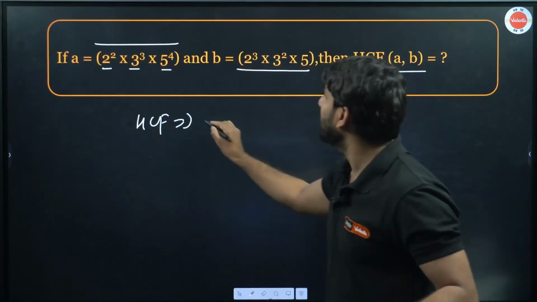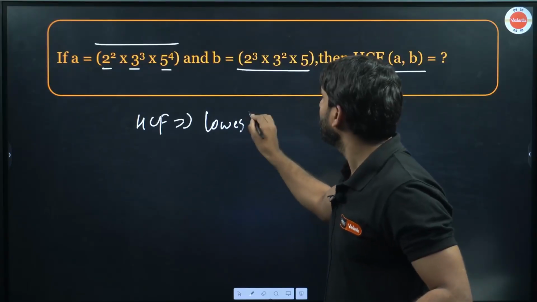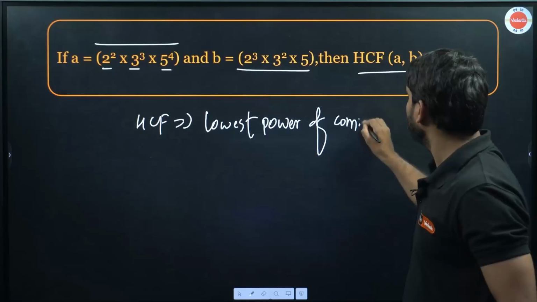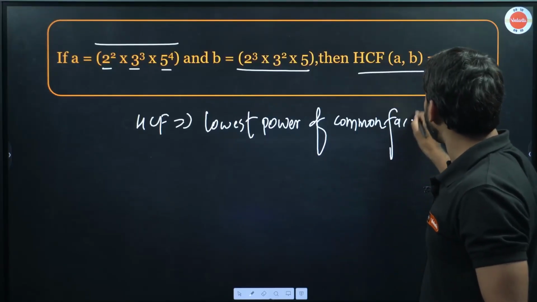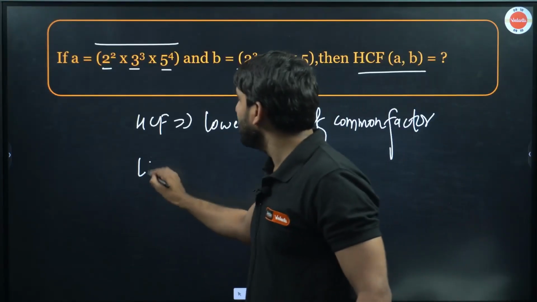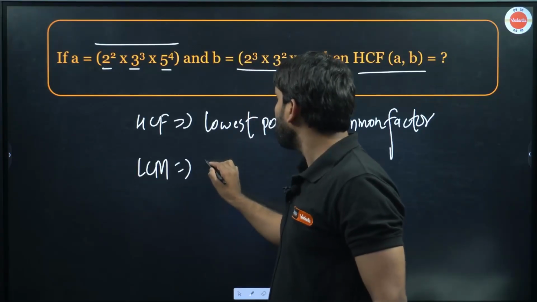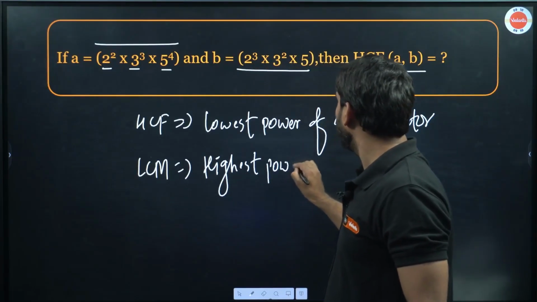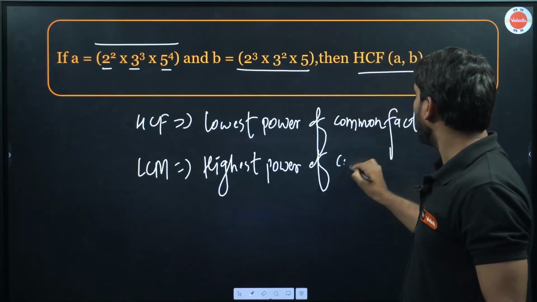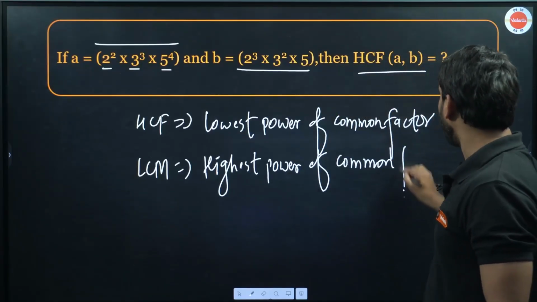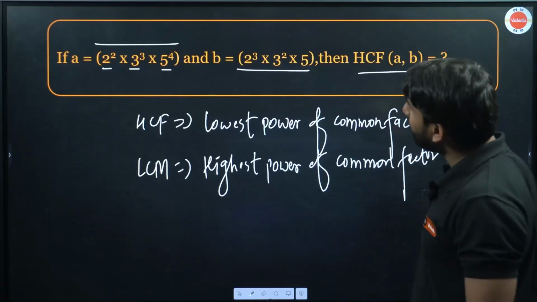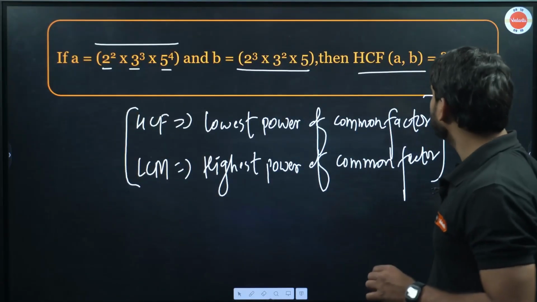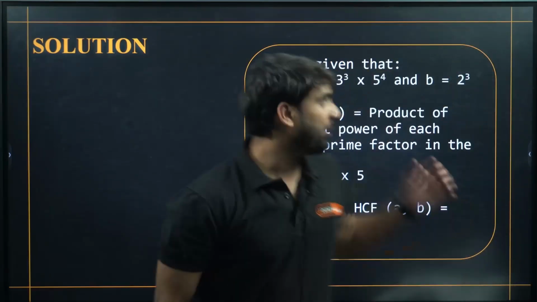We always take the lowest power of common factor, and in LCM what we used to do, we always take the highest power of common factor. Please keep it in mind. This is very important.